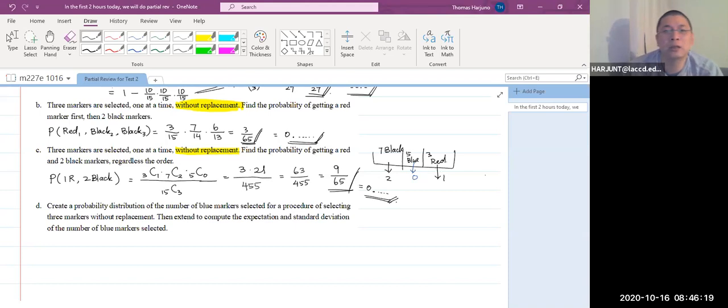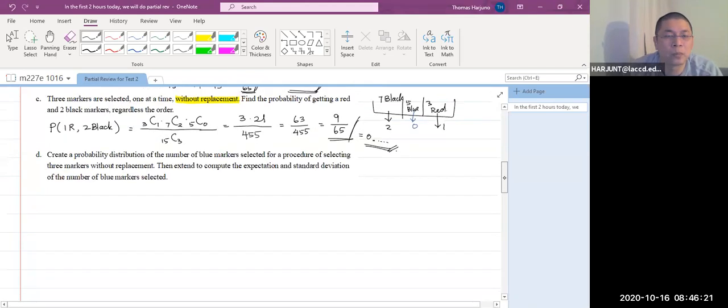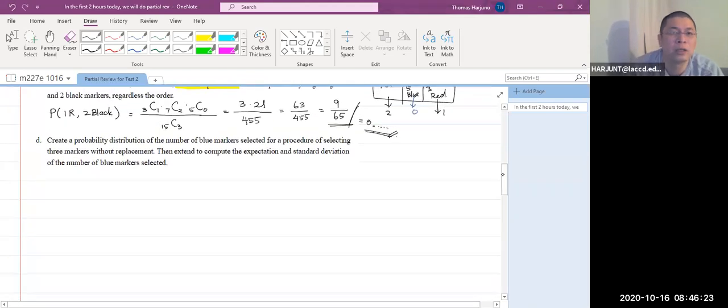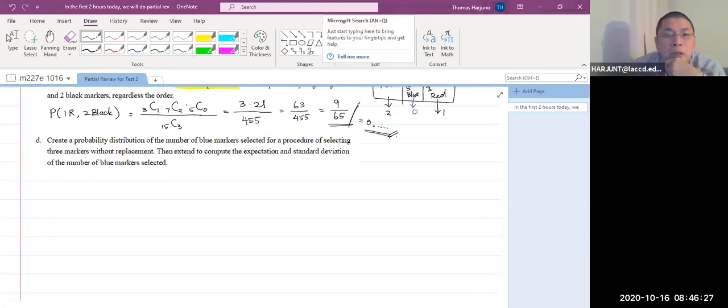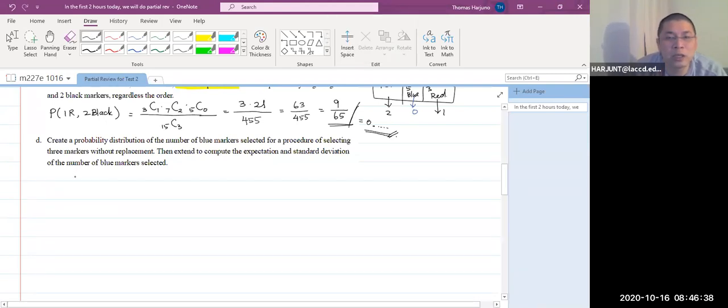Part D is a bigger one. Now, what is part D? Create a probability distribution with number of blue markers selected for a procedure selecting 3 markers without replacement. So let's see. We want to see the number of blue markers selected.